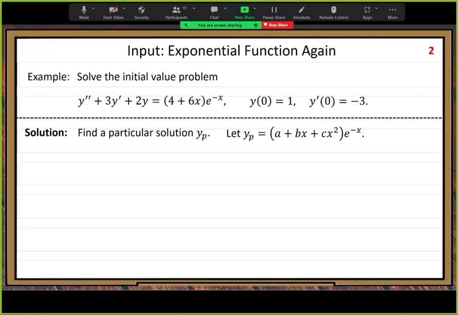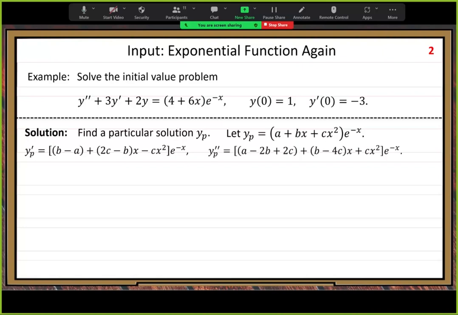All right, so now with A, B, C to be determined, let's take the derivative, and the double derivative here. Then put it back into the original equation. After simplification, we compare the corresponding coefficients.